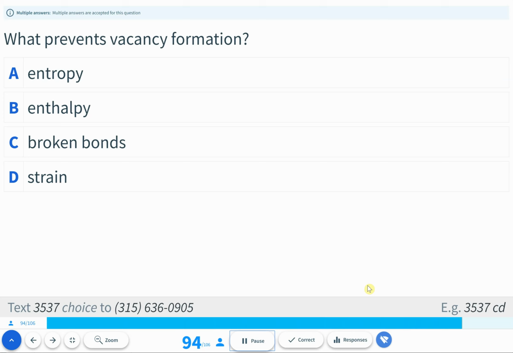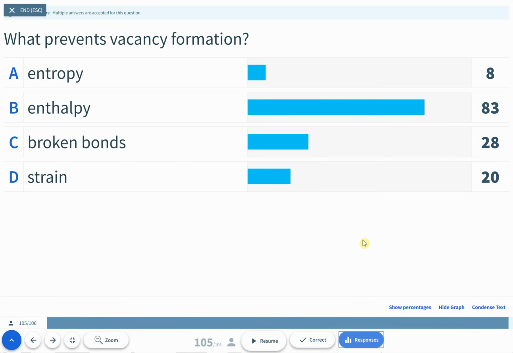Okay, get your answers in. We're going to wrap up the poll. Okay, we're closing it. Okay, people think B or C are the right answer here.